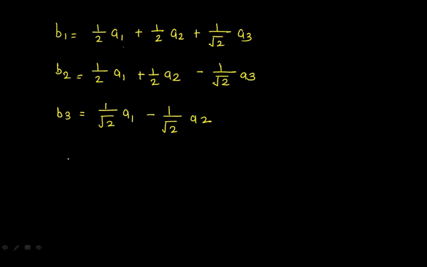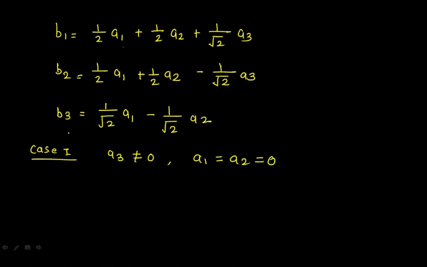So what will happen if you are giving something to port number 3? Here we are assuming we are giving something to port number 3. So case number 1: A3 is not equal to 0, whereas A1 and A2 both are equal to 0.